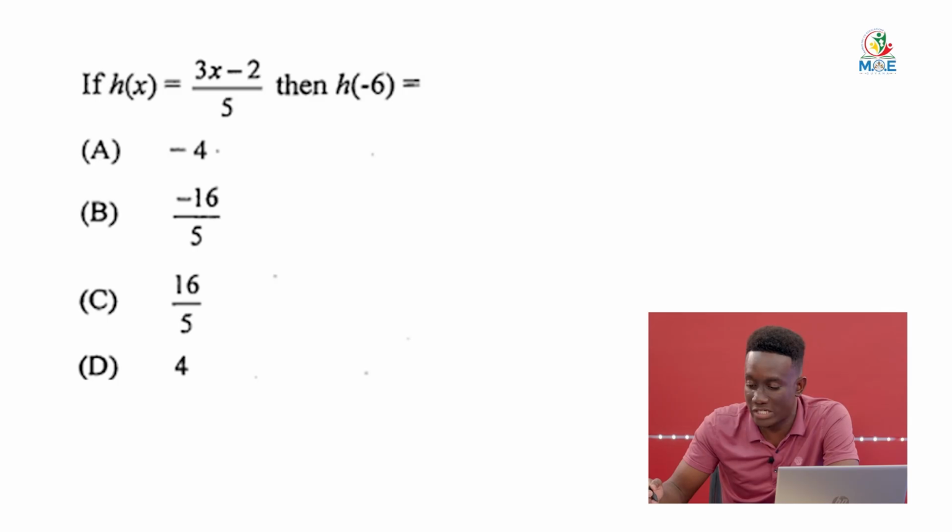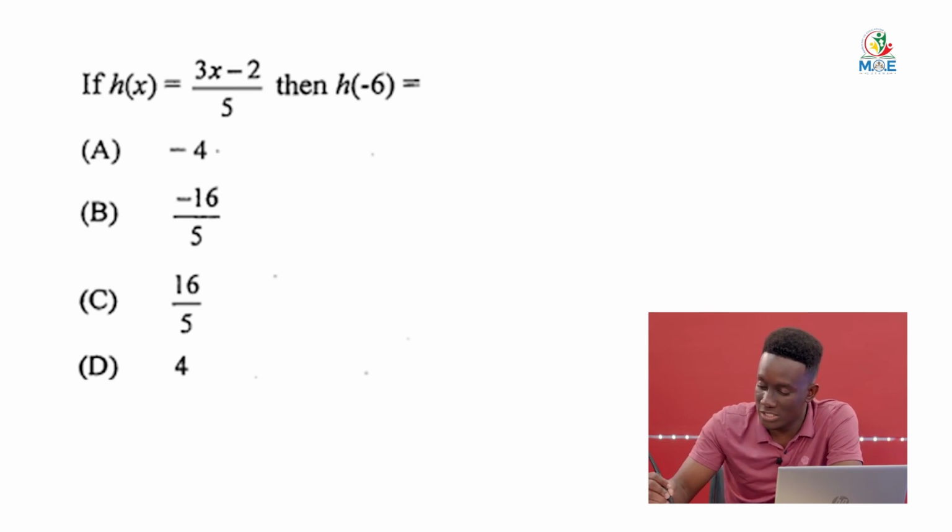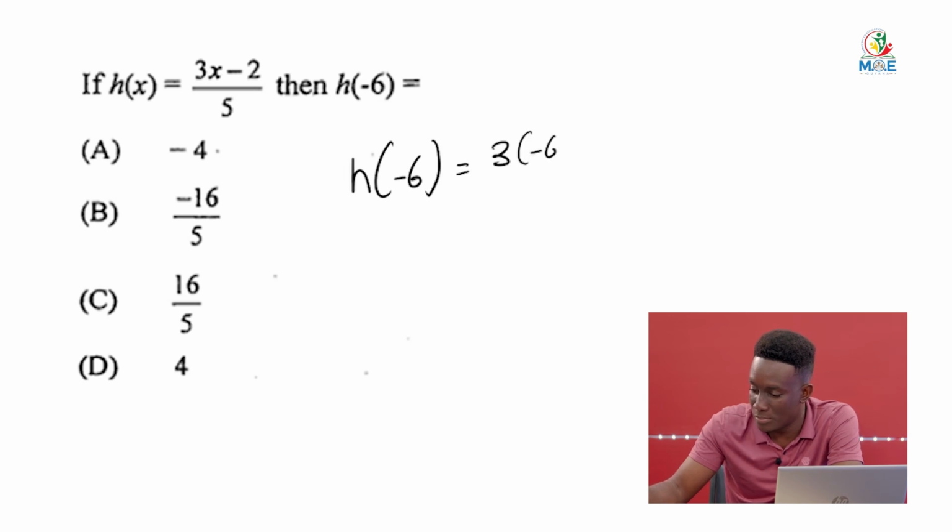The next question says, if h of x is equal to 3x minus 2 all divided by 5, then h of -6 is equal to, so we see h of -6 would be equal to 3 multiplied by, in this case we're substituting -6 for x, so 3 multiplied by -6 minus 2 all divided by 5.